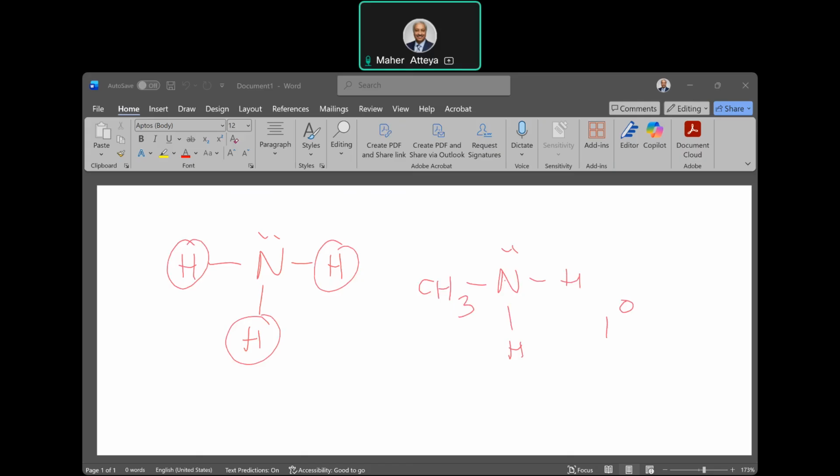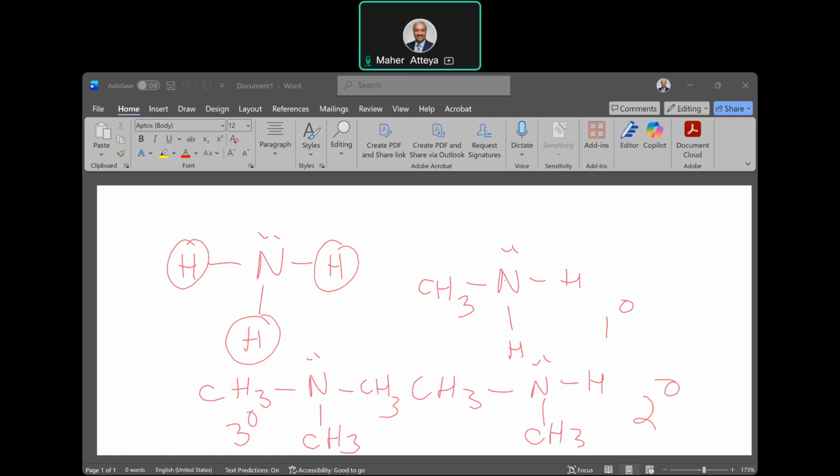I can replace another one: CH3, NH, CH3. That's called secondary. Now I can replace the last one: CH3, N, CH3, and here CH3. This is tertiary. So those are the three types of amines.